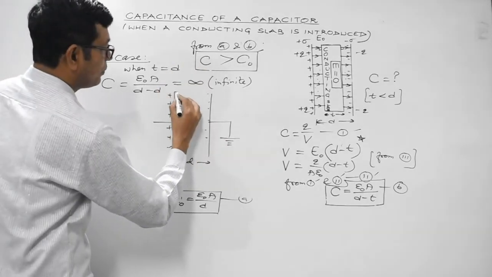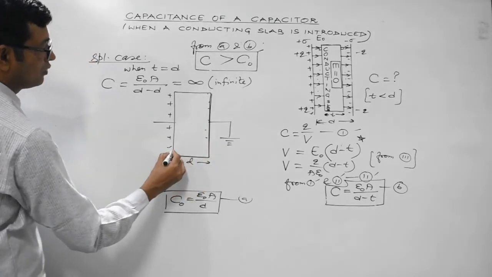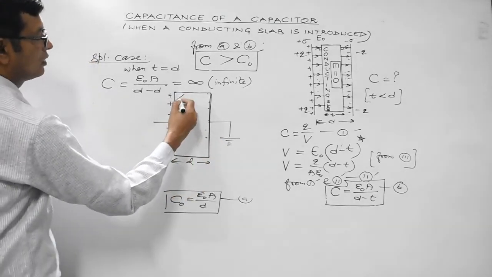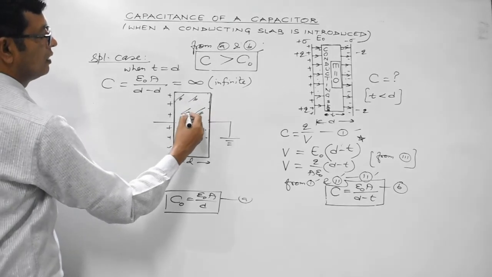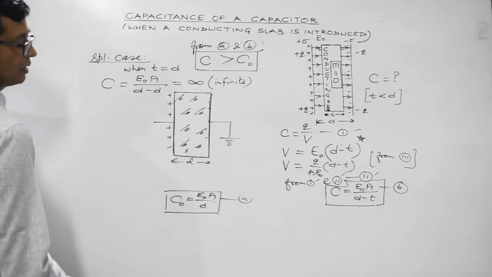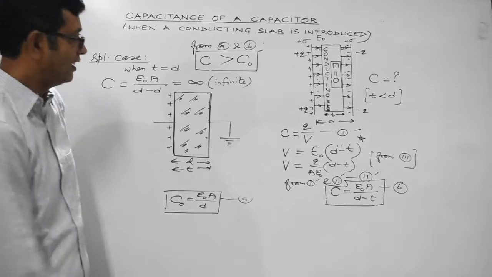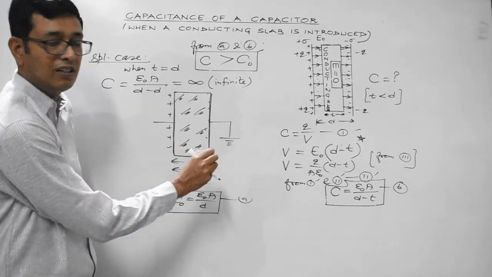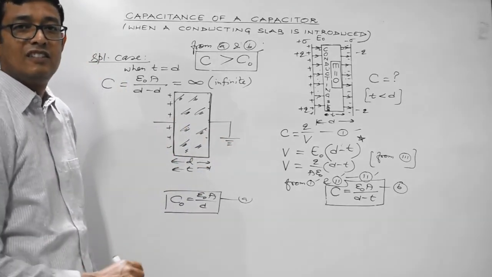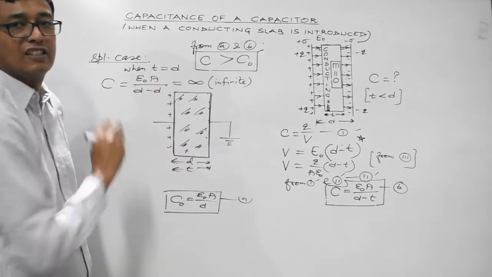So the entire space will be filled with the conducting slab like this. This will become a conducting slab, right? So it is a case of a simple earth connected conductor. It is equivalent to a case of earth connected conductor.